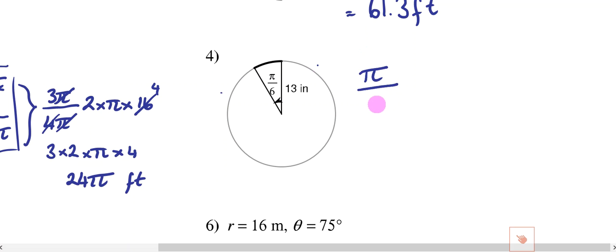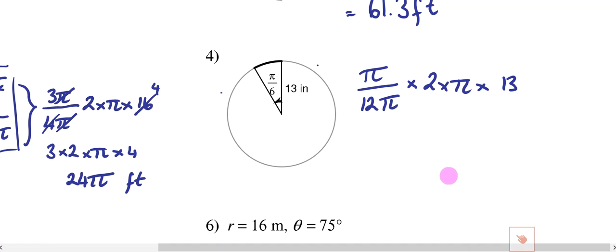Pi over 6, but divided by 2 pi, so that makes it pi over 12 pi times 2 times pi times 13. Remember, this is exactly the same, but instead of having 2 pi, we'd have pi r squared if we were doing the area, which might be even better.